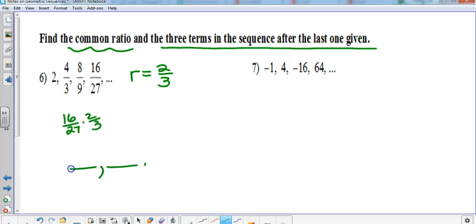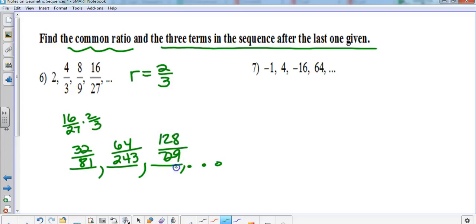So the next three terms, let's see, 32 over 81, 64 over 243. How am I doing? 729 is this one, and 128. So the numerator is multiplying by 2 and the denominator is multiplying by 3.